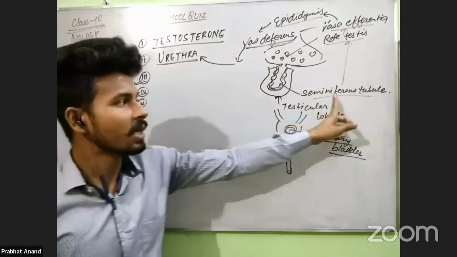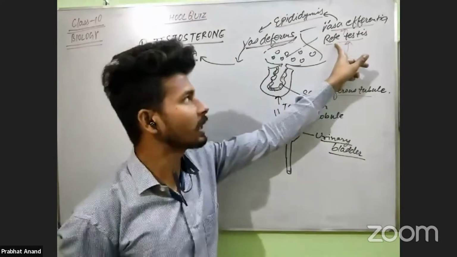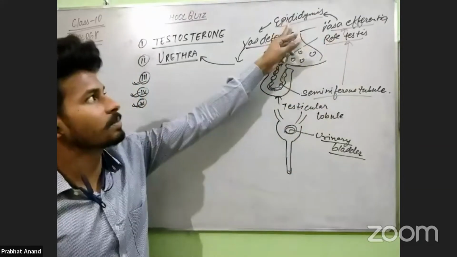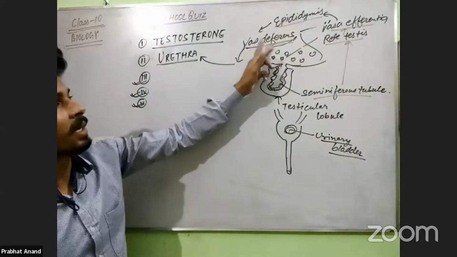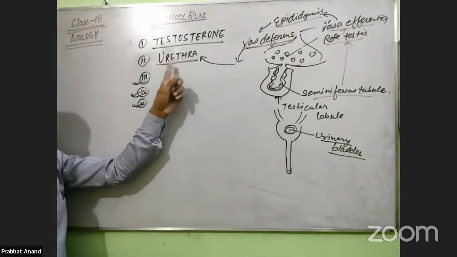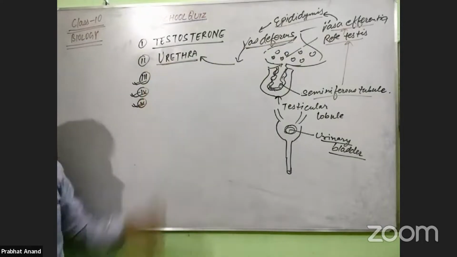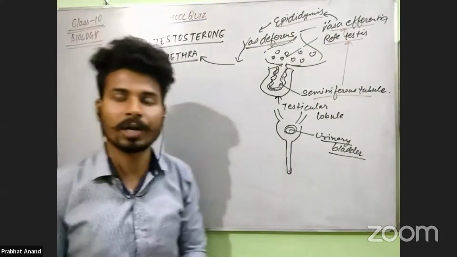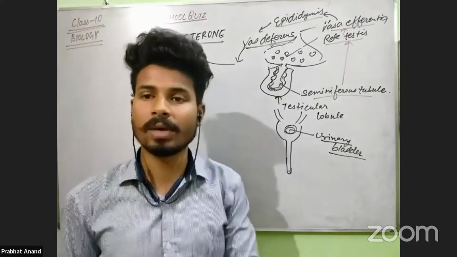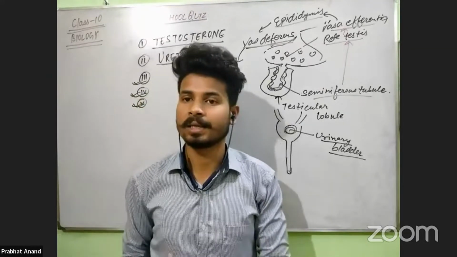It starts from the seminiferous tubule, then into the rete testis, then it passes into the vasa efferentia, and then it comes into the epididymis. It passes into the vas deferens, and eventually it passes into the urethra, and from here it comes out of our body, right?